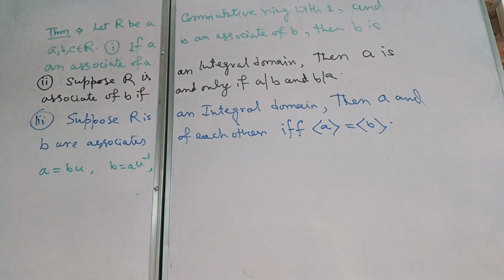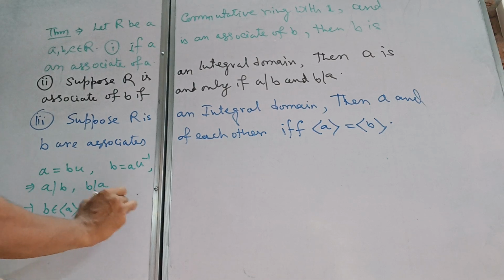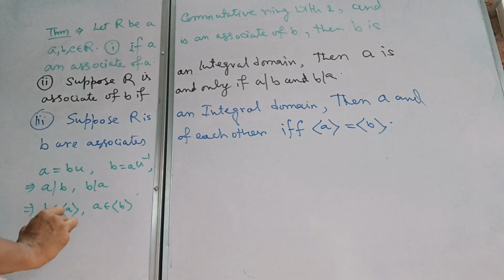Then A divides B and B divides A, and this implies that A belongs to the generated set of B, that means A equals B, not a problem at all.